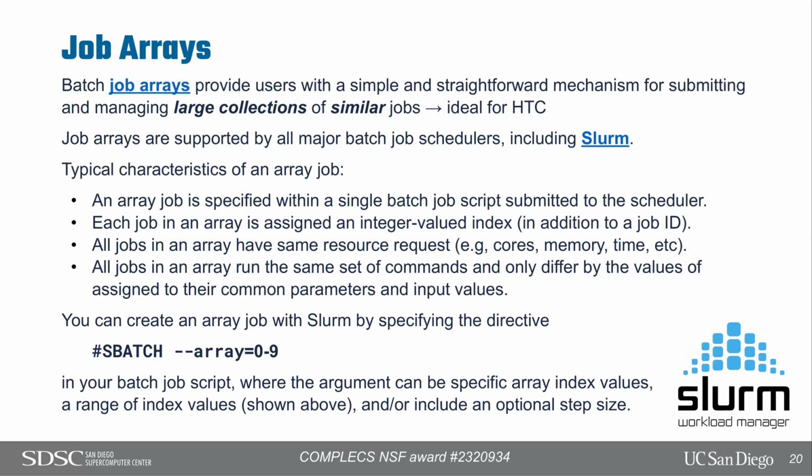So you can submit a single job script. Once you submit it, that script will spawn many jobs, right? If you ask for X number of jobs in your array, each job is assigned an integer valued index number.